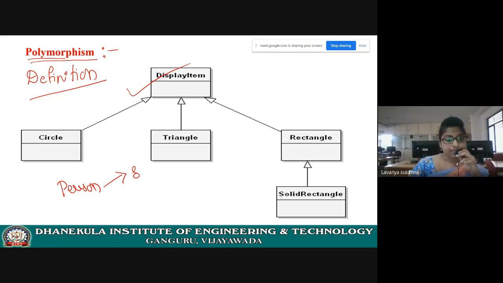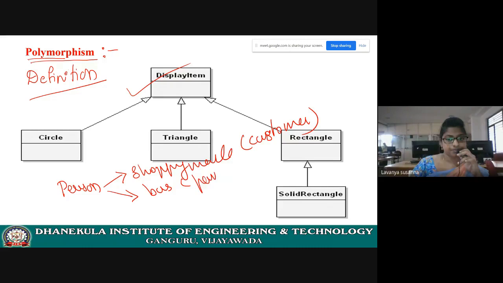See, explain with a simple example. Take a person in a shopping mall. A person in a shopping mall will be treated as a customer. Next, a person while traveling in a bus will be treated as a passenger.